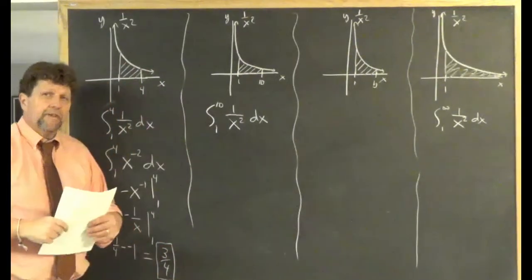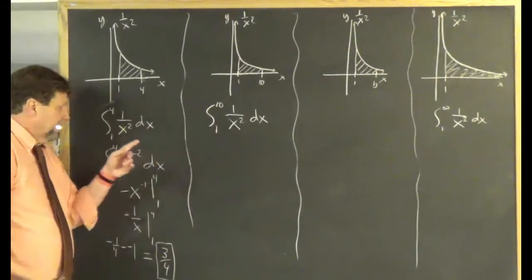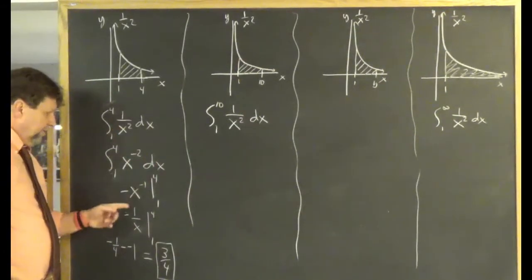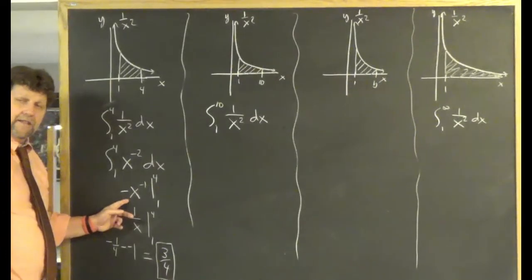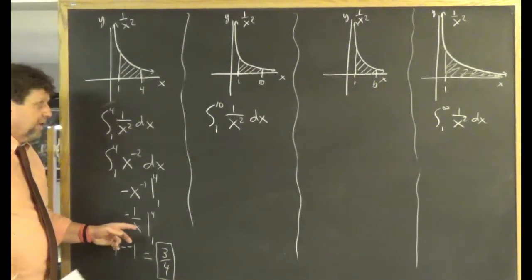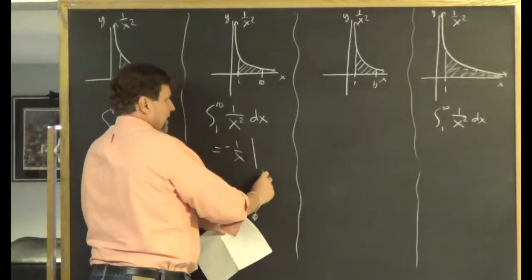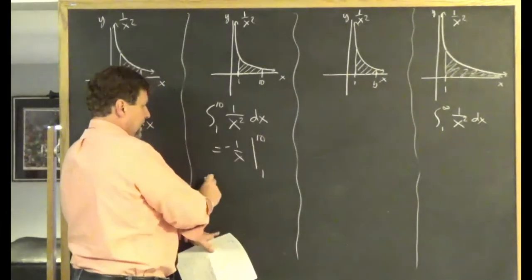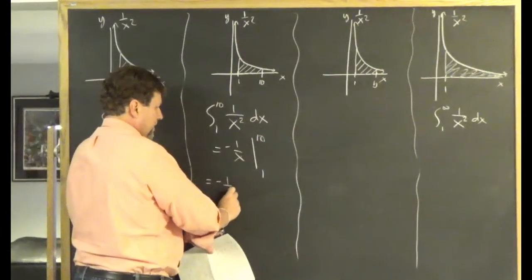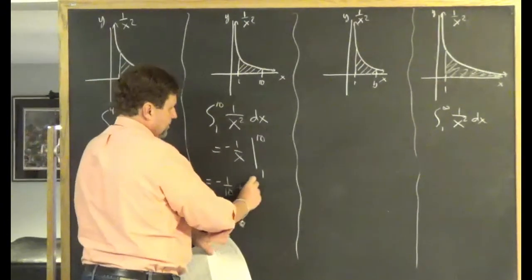To save myself a little bit of time, I know the antiderivative of 1 over x squared is negative x to the negative first, which I'll rewrite as negative 1 over x. And I need to evaluate that now from 1 to 10. So I have negative 1/10 minus negative 1, well that's plus 1.